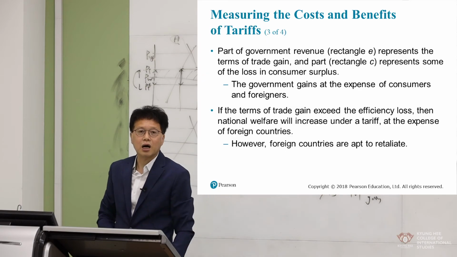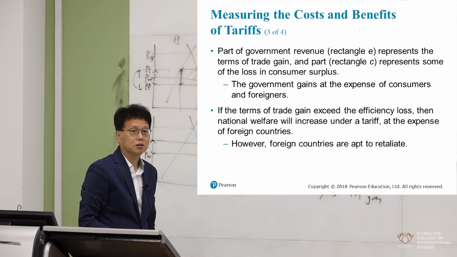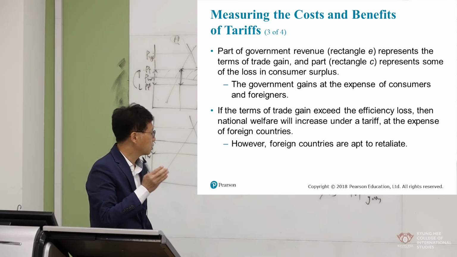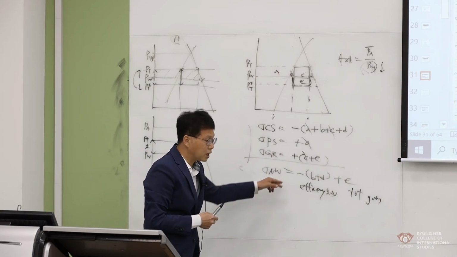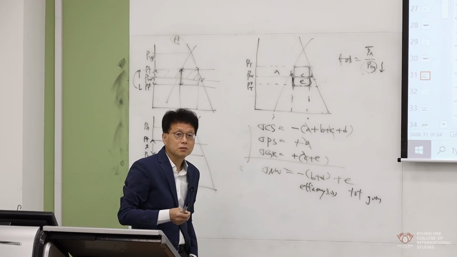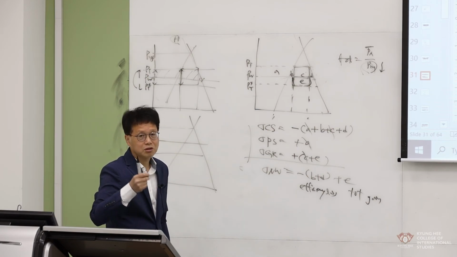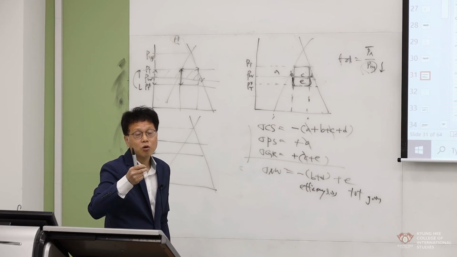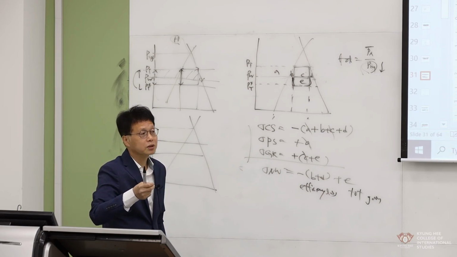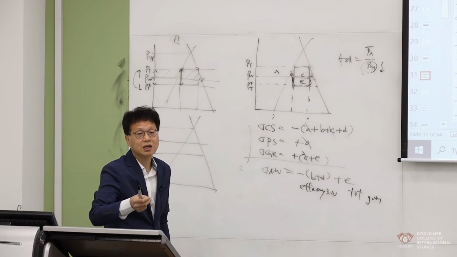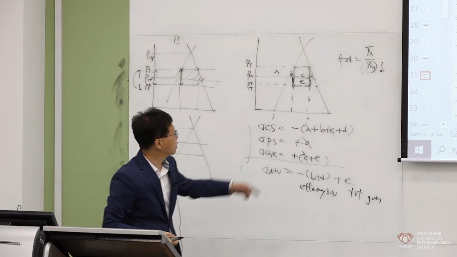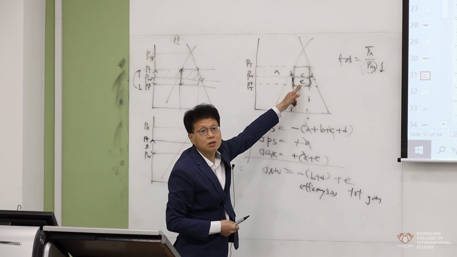But this is not so sustainable. Why? In this example, the large country, home, imposes a tariff on Korea, a tariff on the comparative disadvantage sector, Q2, right? So area E happens. Can you understand?